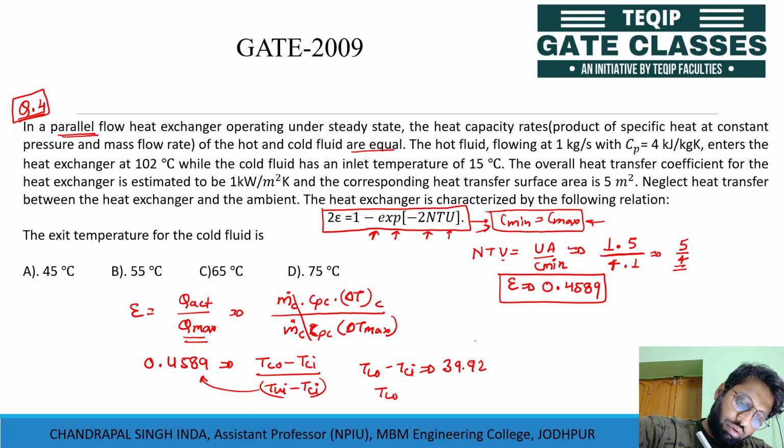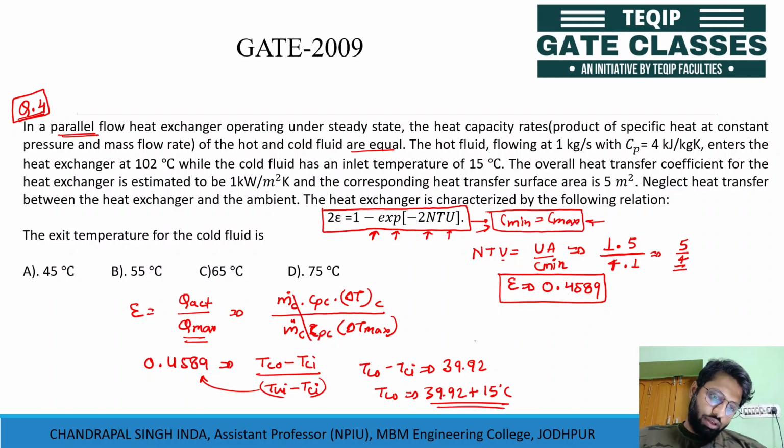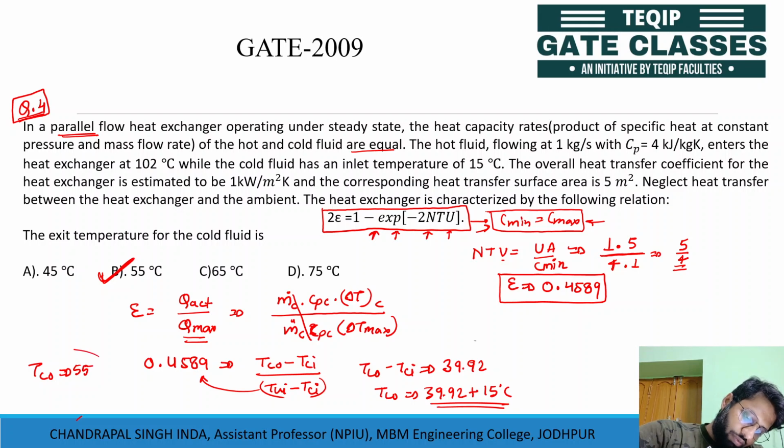So the T cold outlet is equal to 39.92 plus T cold inlet, that is 15 degrees centigrade, and it is equal to 55. Option B is correct. So the T cold outlet will be equal to 55.